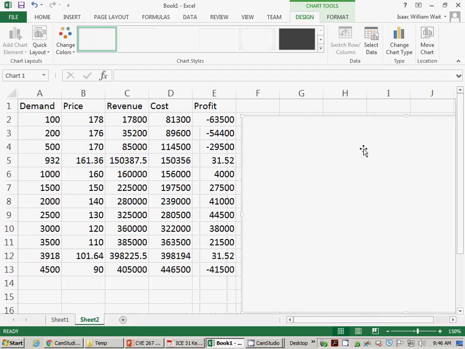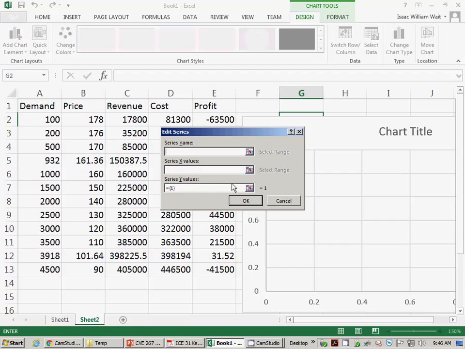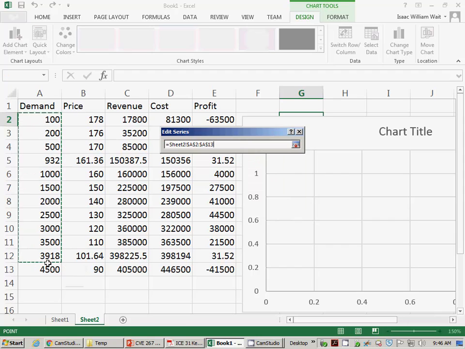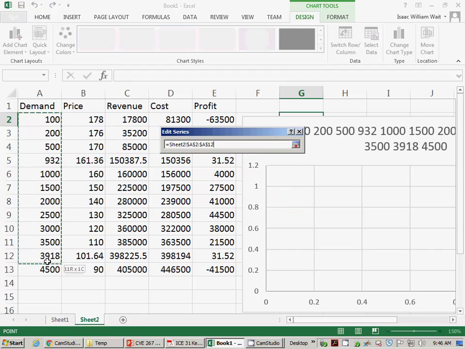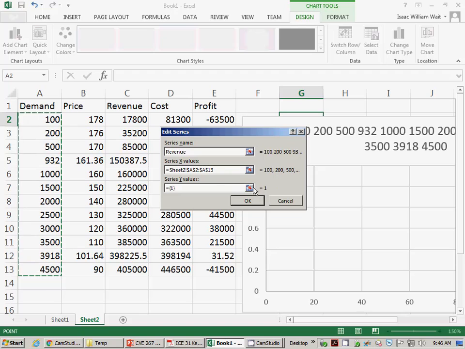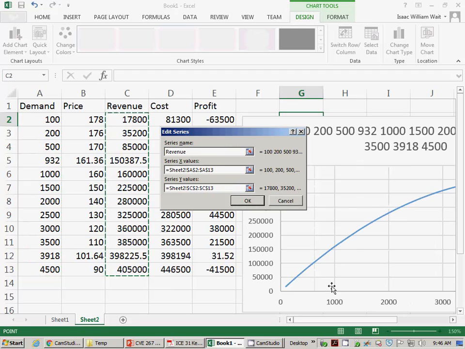All right, so our select data, we want to have on the x-axis our demand. Oh, not the series name. So let's have this one be here's our revenue curve.